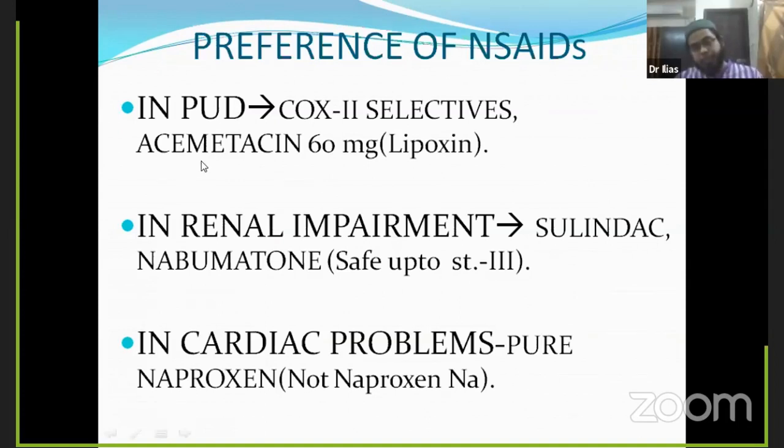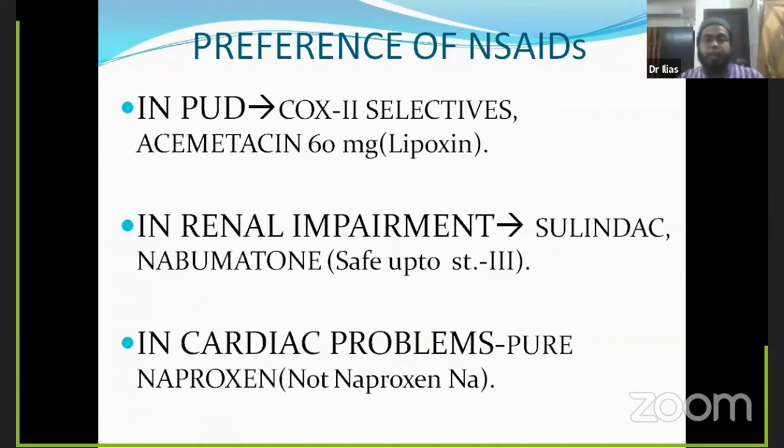And there is another NSAID that is not actually COX-2 selective, it is a non-selective NSAID, but it has one unique property: it will produce lipoxin. That is acetaminophen. This drug will definitely be helpful in reducing pain, but as a byproduct, lipoxin is produced from the acetylmyosin metabolism, and that lipoxin will stimulate the formation of mucin from the gastric mucosa.